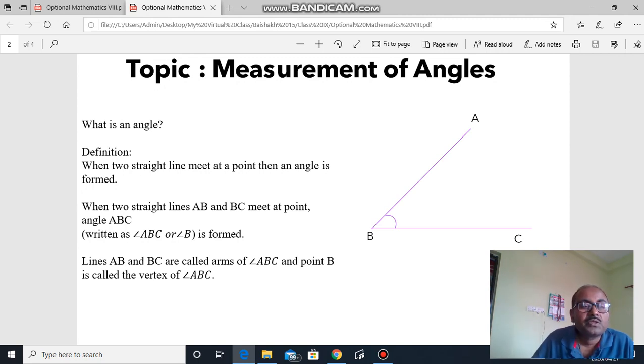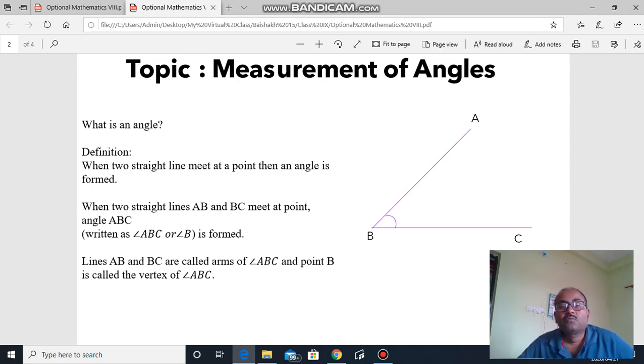Let us come to this definition. What is an angle? When two straight lines meet at a point, then an angle is formed. Very simple. Here, what do you see in the picture? A line AB and another line BC meet at point B. So here an angle is formed.